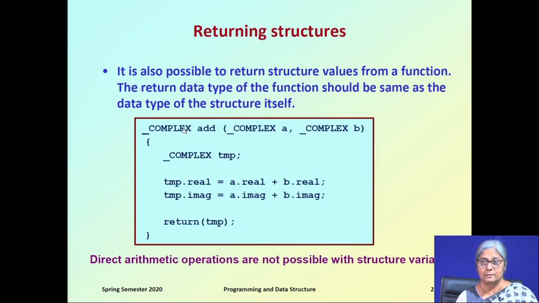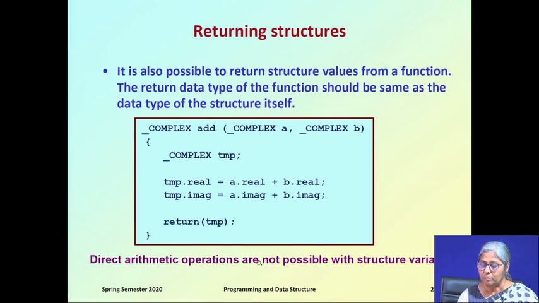So, it is complex. Since we are returning temp, temp must be of type complex. Since the type of the add function is complex, the add function is returning temp, so temp must be of the same data type, and here it is complex.